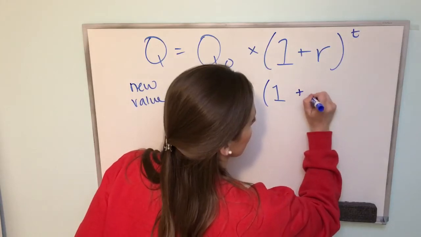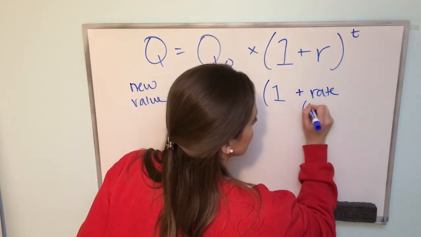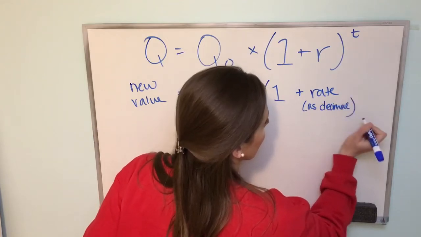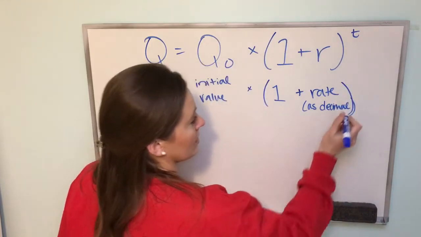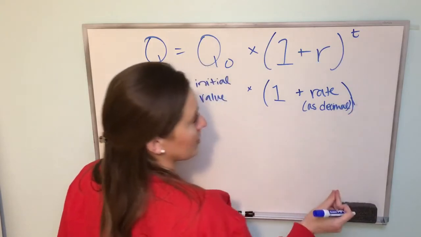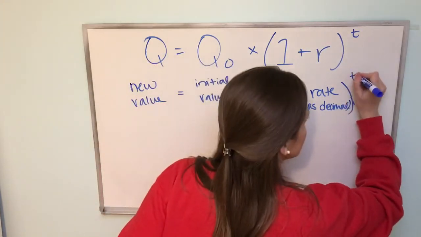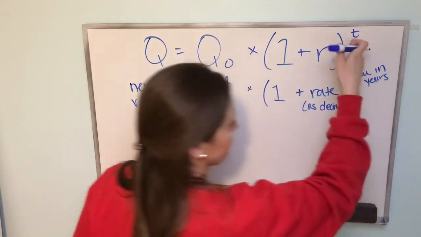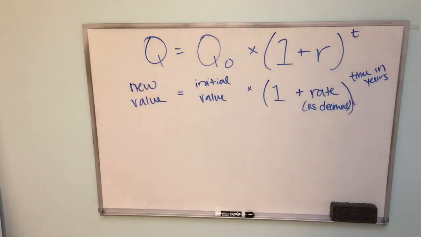And then this is your rate, and it's, as always, as a decimal. And this is your time in years. So you could have even written a Y here. So it's very, very similar to one of those equations we did in chapter 4.